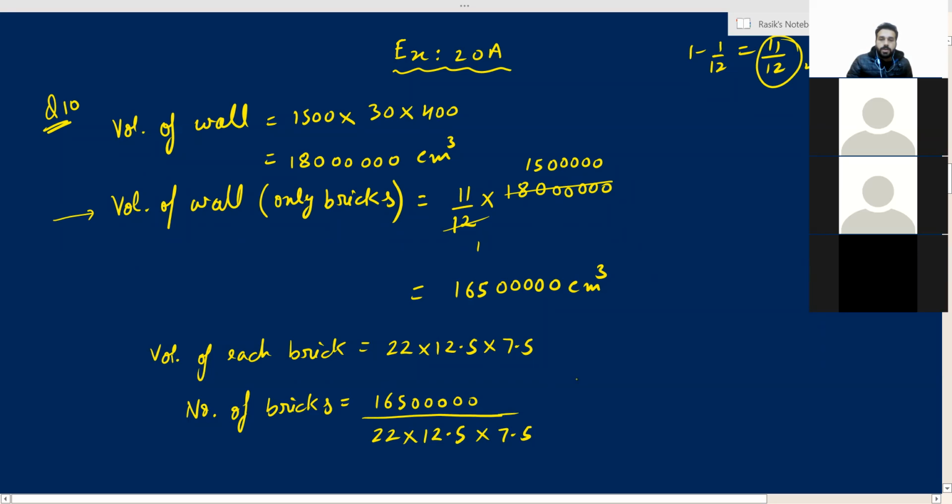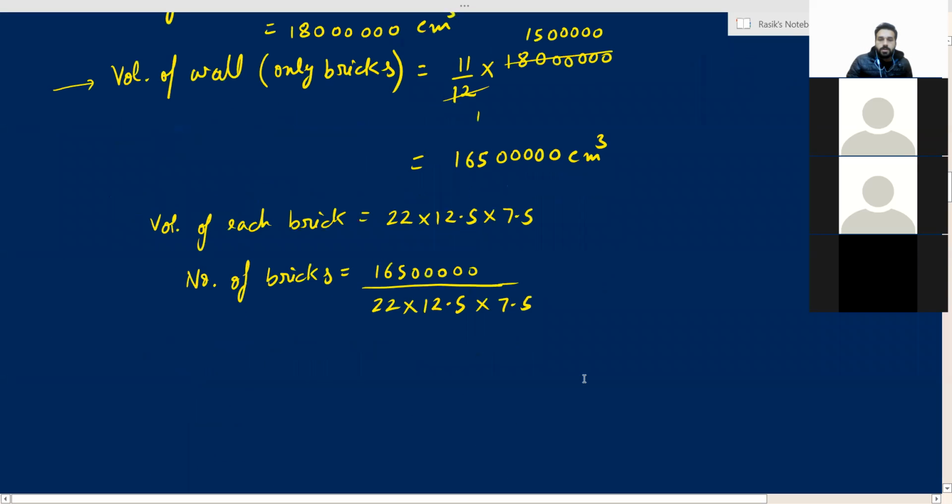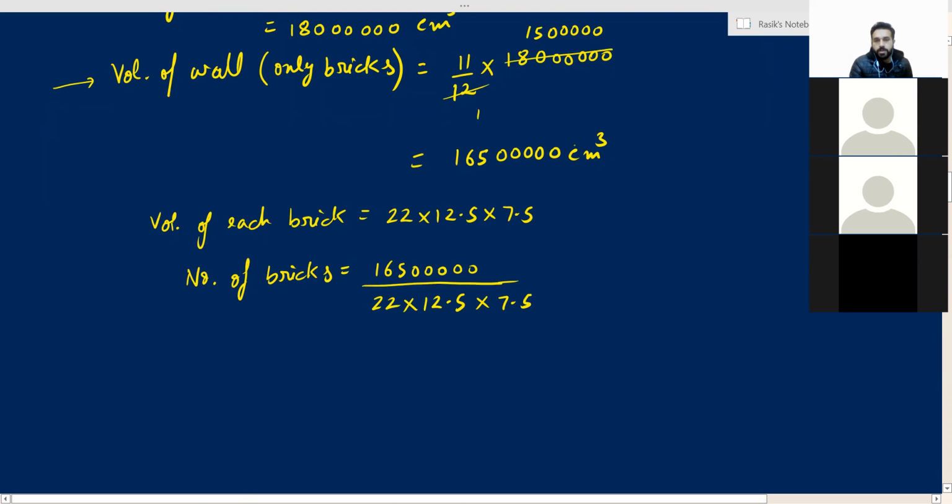On removing the decimal, you will get 2 more zeros in the numerator. 165,000,000 into 100 upon 22 into 125 into 75.